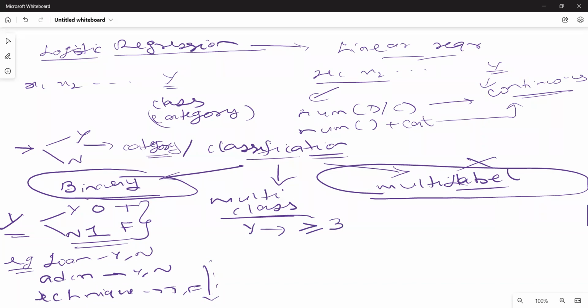For example, given a certain book, which category does it belong to? Is it a thriller, a romantic book, science fiction, a biography, non-fiction or fiction?